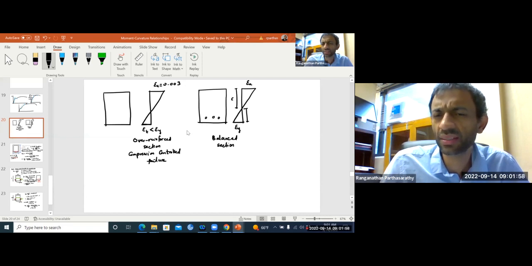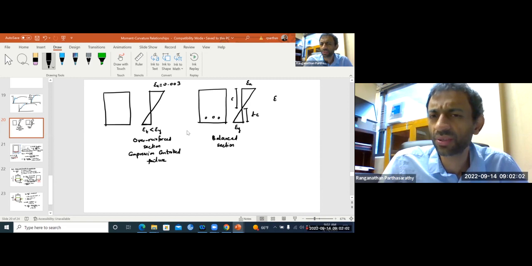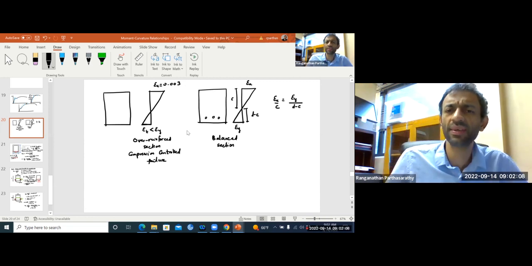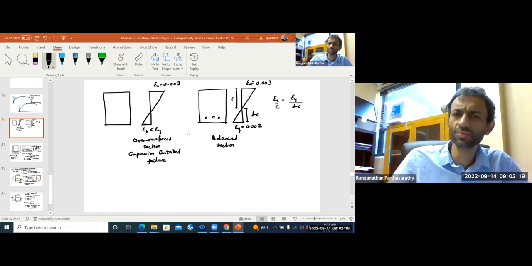This is your neutral axis depth. This is d minus c. So your epsilon u over c is epsilon y over d minus c, right? What is epsilon u? 0.003. Epsilon y for steel, all of you remember, 0.002 for 60 ksi steel.